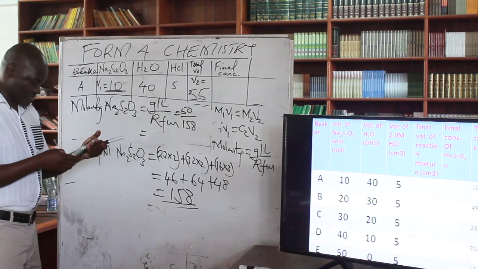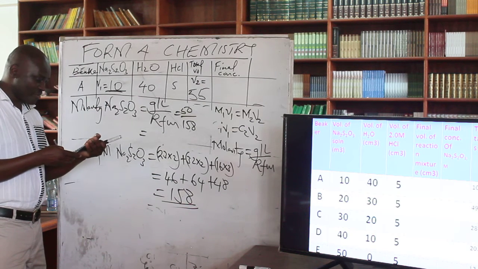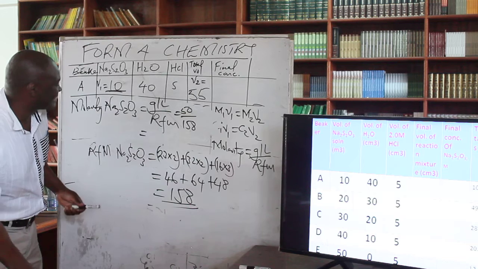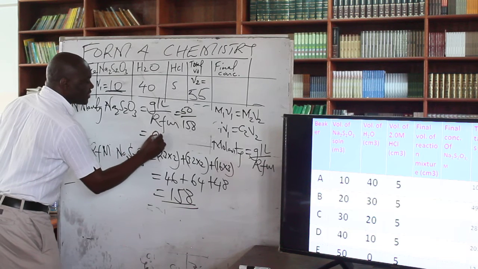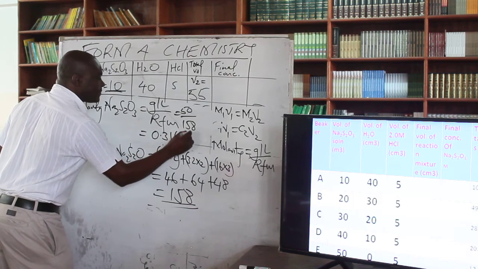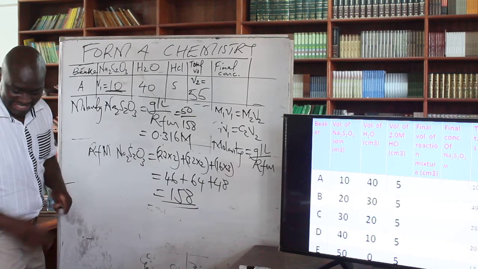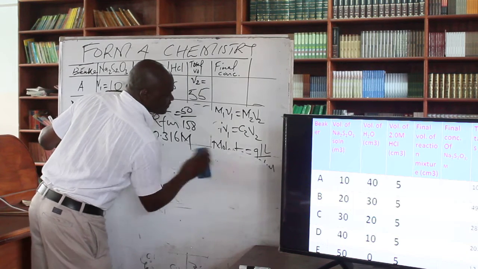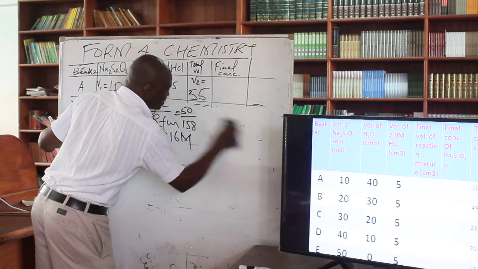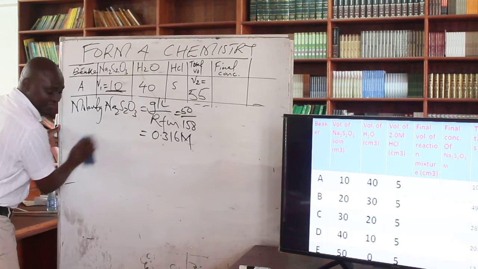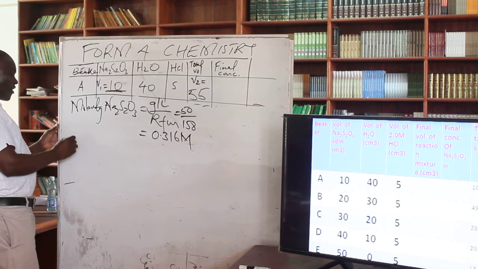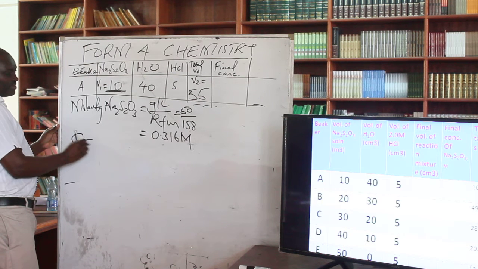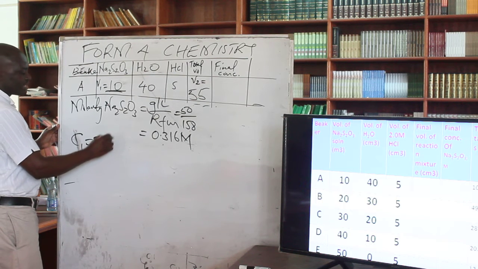So 50 divided by 158 gives us 0.316 molar as the concentration of sodium thiosulfate. So the original concentration is 0.316.